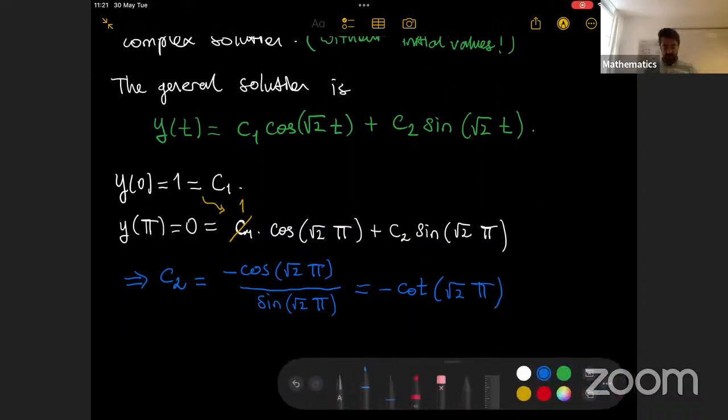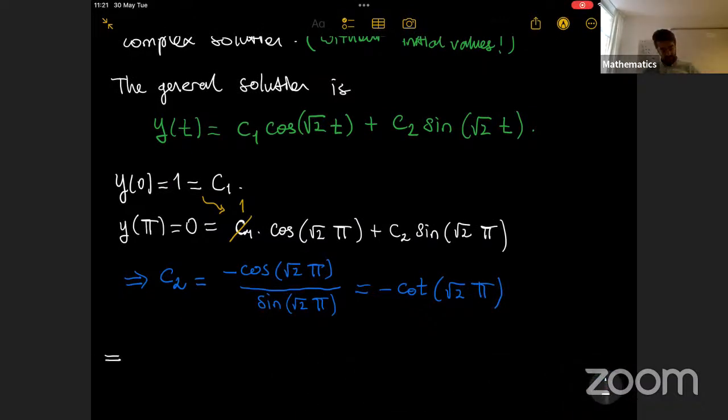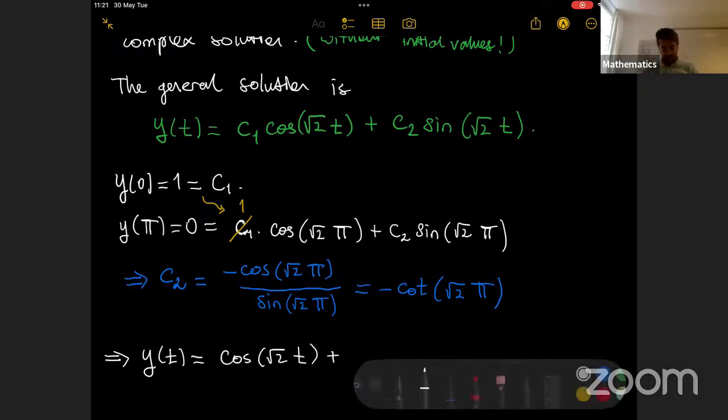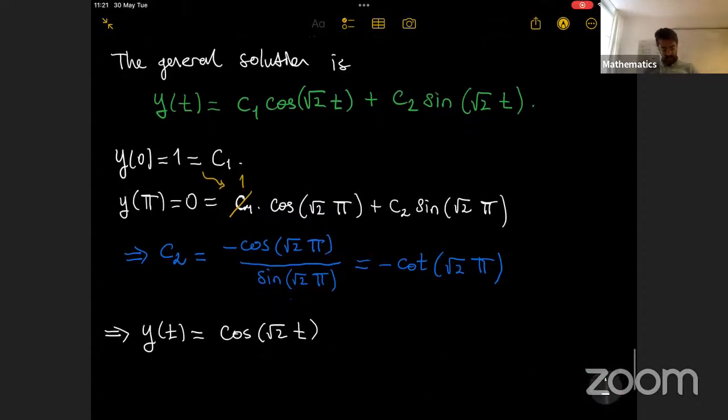Now we can write the solution. So y(t) is equal to cosine root 2 t plus, with c2 being minus cotangent root 2 pi, whatever it is, times sine root 2 t.